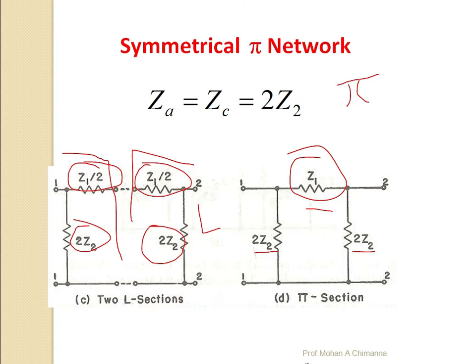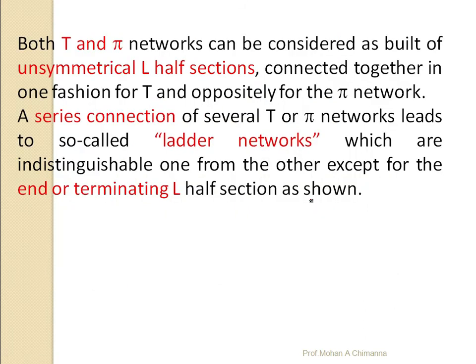Then in the case of the symmetrical pi network, instead of Z1 by 2 only, we have Z1 here, and the parallel pi section is formed by 2Z2, and it looks like the pi symbol, that's why it is called the symmetrical pi network. So both T and pi networks can be considered as built up from the unsymmetrical L half sections.